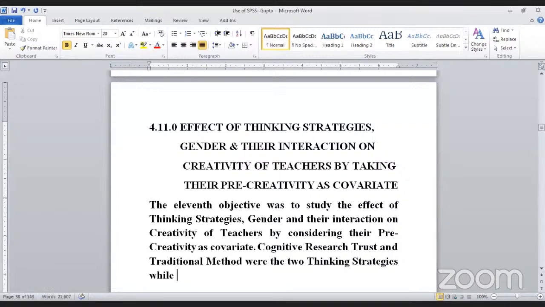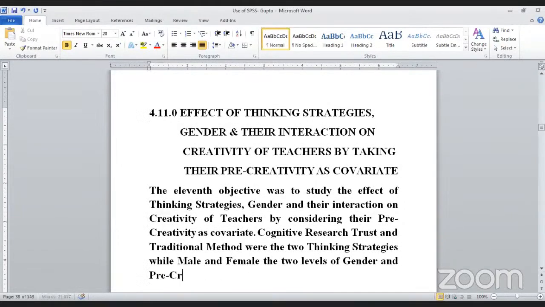while male and female, the two levels of gender. And pre-creativity was covariate.